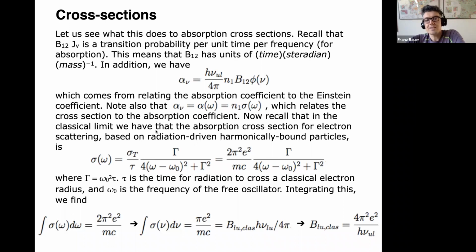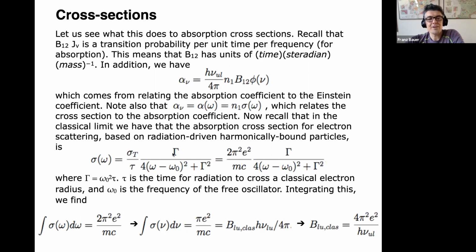At least in the classical limit, we can think about the absorption cross-section for electron scattering, based on the radiation-driven harmonic bound particle. And so we calculated this before, right? This cross-section as a function of frequency goes as our Thomson cross-section, our tau, which is of course related to the number of particles along the line of sight, and then we have some factors here.